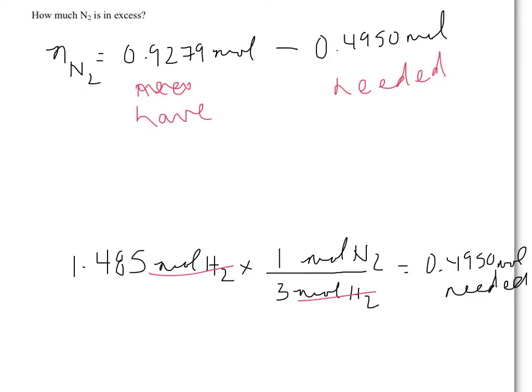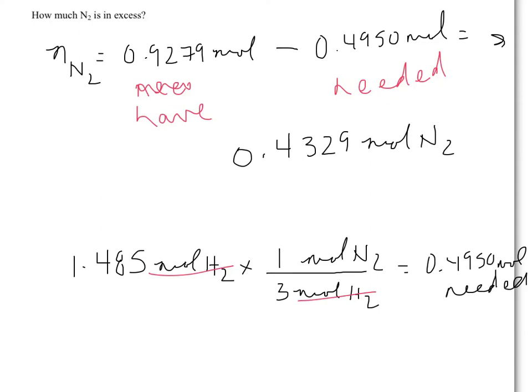And this was all that was used. Once we used that 0.49 moles, we're in that situation where the reaction stops because we've run out of hydrogen gas. So what's going to be left over? I've run out of room over here on the side, but if you have room, you can keep going. We got 0.4329 mole of N2 that remains.